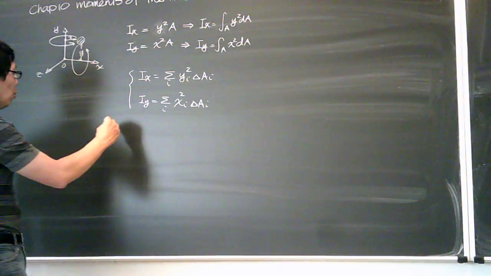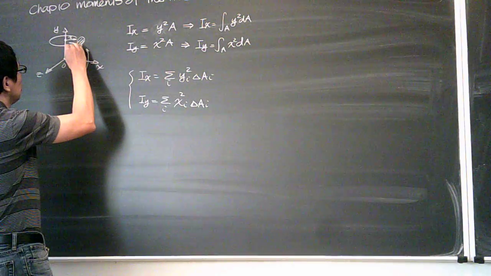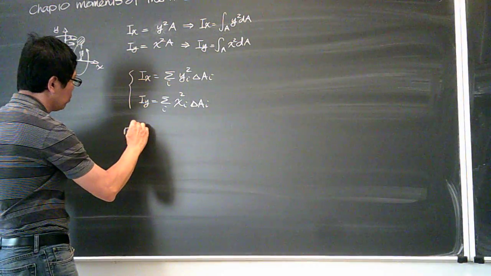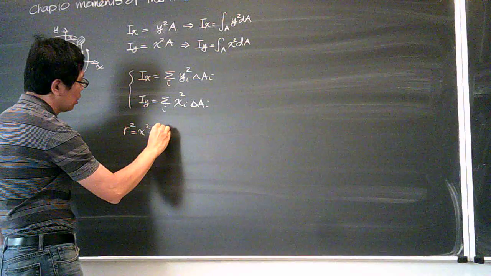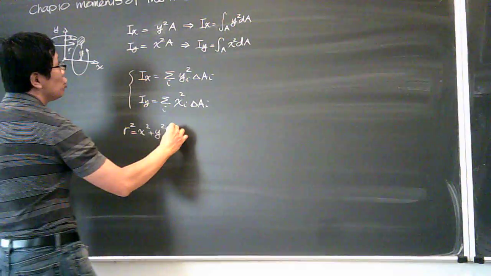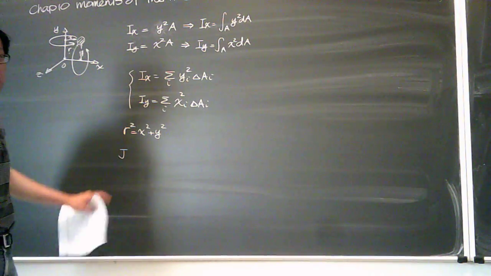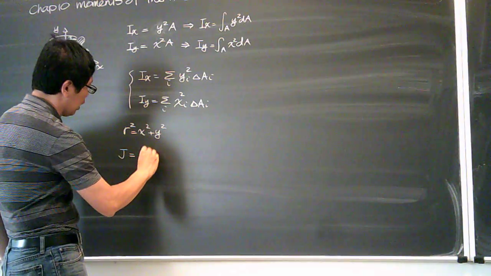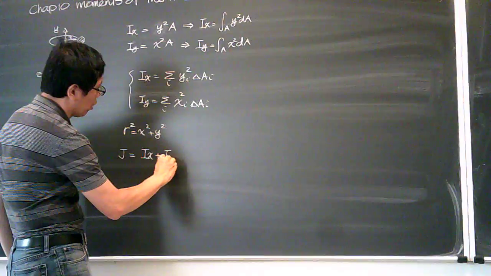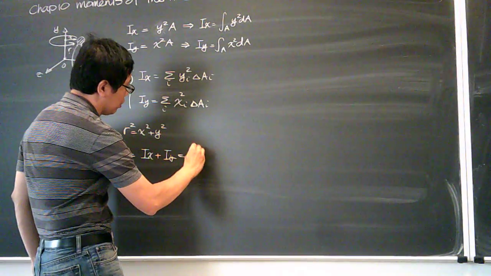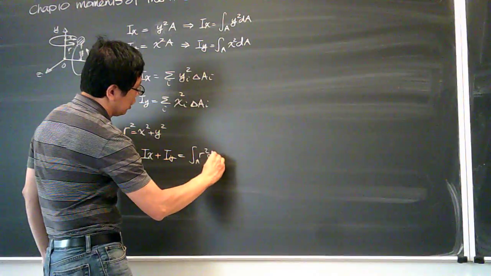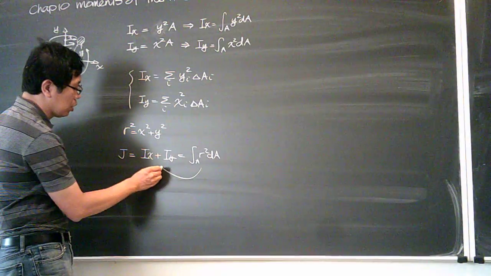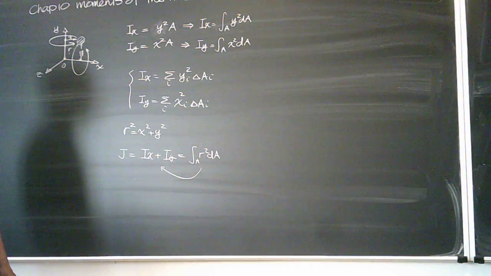In this case, because we know the distance between the origin and the object is going to be r, and by the triangular relationship, we know r squared equals x squared plus y squared, which means the moment of inertia rotated around O becomes Ix plus Iy, which is a definition of r squared dA, and r squared equals x squared plus y squared, which yields a combination of those two terms.